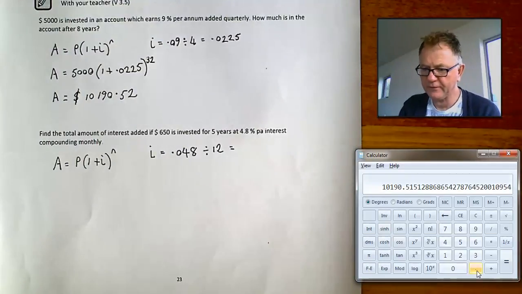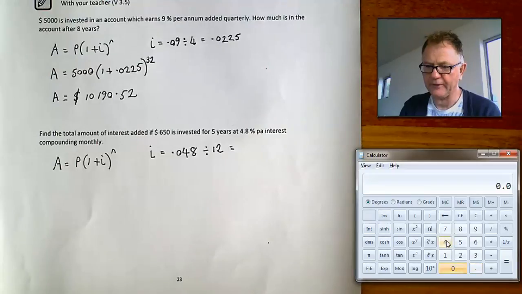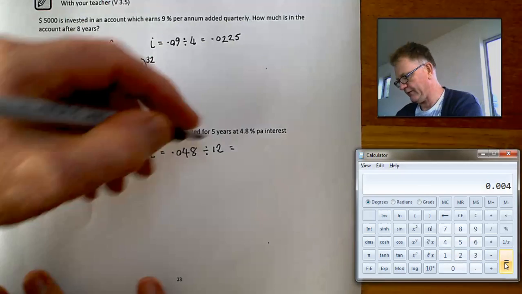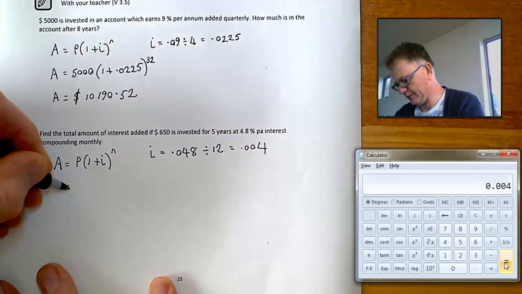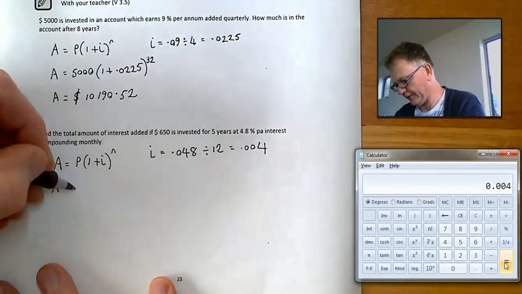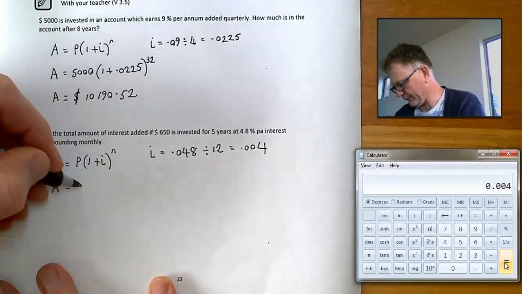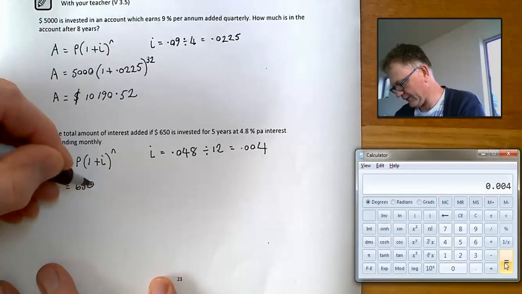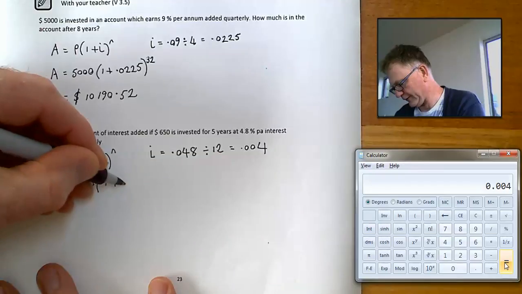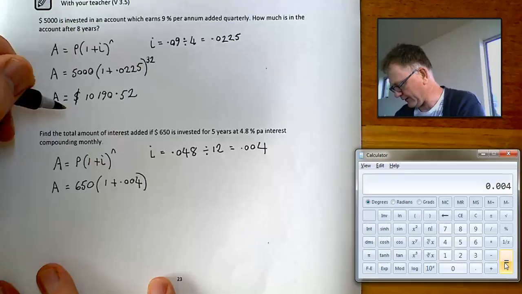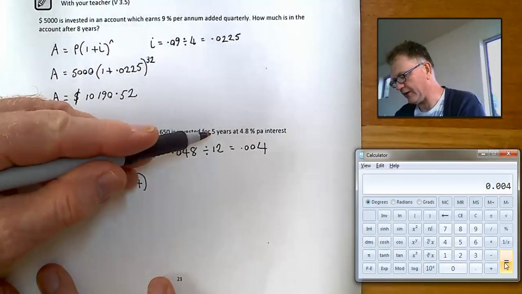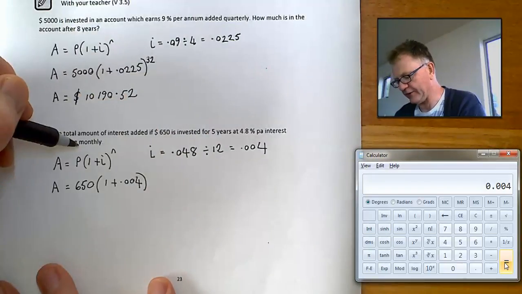So 0.048 divided by 12 gives us a monthly amount of 0.004. Put all the information into the equation and we'll have 650, 1 plus 0.004 raised to the power, now it's been done for 5 years, monthly interest.